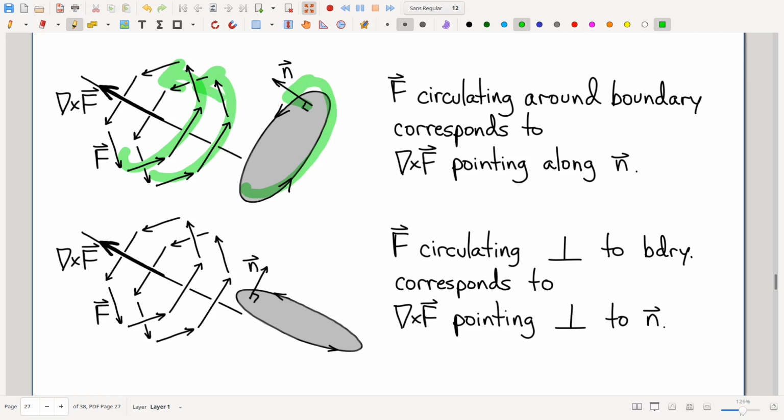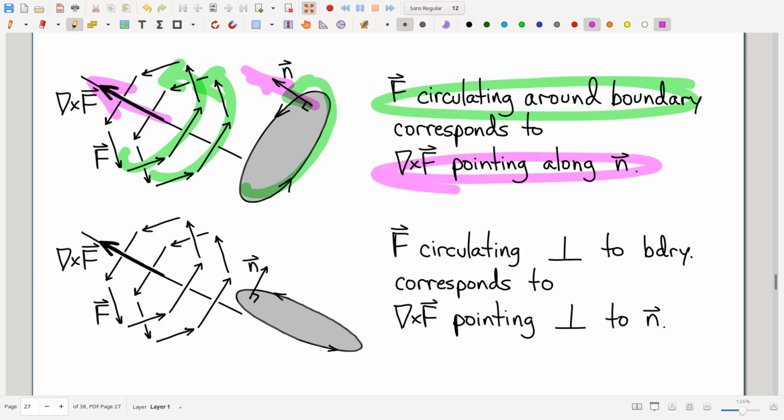So said differently, when the rotation of the fluid and the rotation of the boundary have the fluid literally following along and going around the same way that the boundary does, when you would pick up significant circulation, notice that the curl vector, indicating what the fluid is rotating around, and the normal vector, indicating what the boundary is rotating around, also line up.